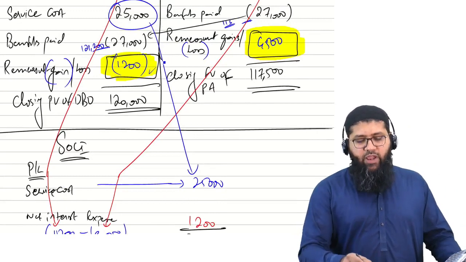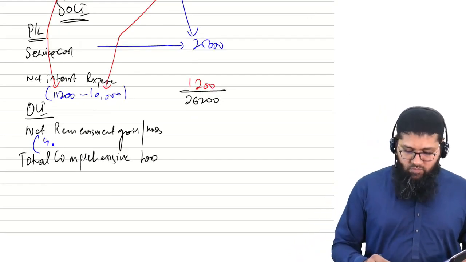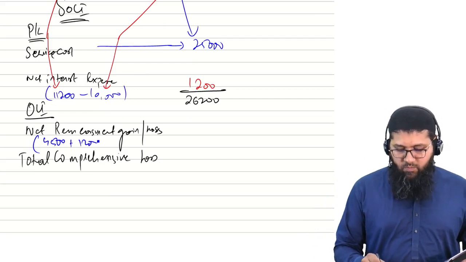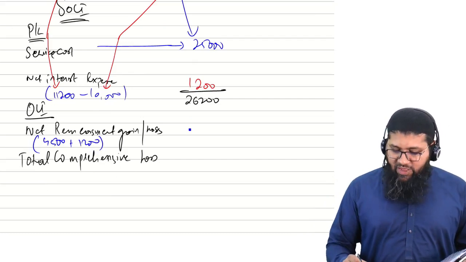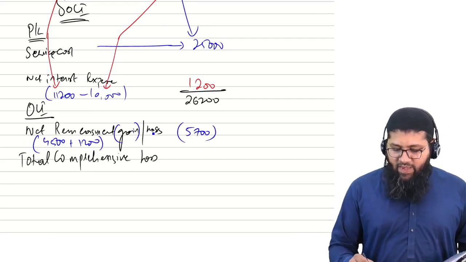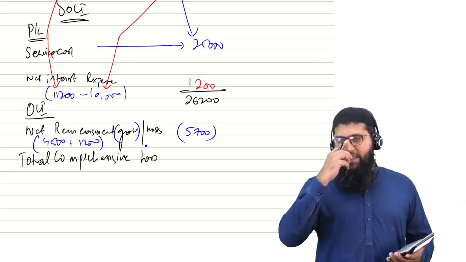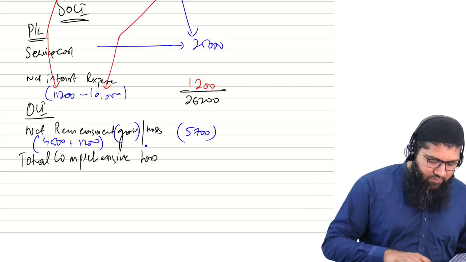We have got a gain of 1,200 here and we have got a gain of 4,500 here. So it's actually going to be 5,700, which is the net remeasurement gain. Because the expense is shown as positive, the gains are going to be shown as negative.